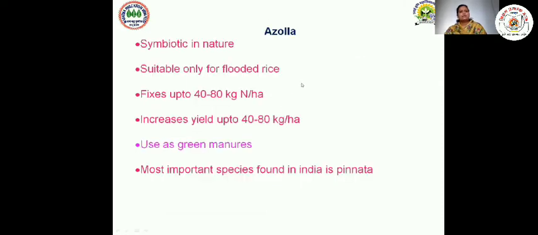Next is Azolla. It is symbiotic in nature, suitable only for flooded rice, and fixes up to 40 to 80 kg nitrogen per hectare. It increases yield, is used as green manure, and the most important species found in India is pinnata.